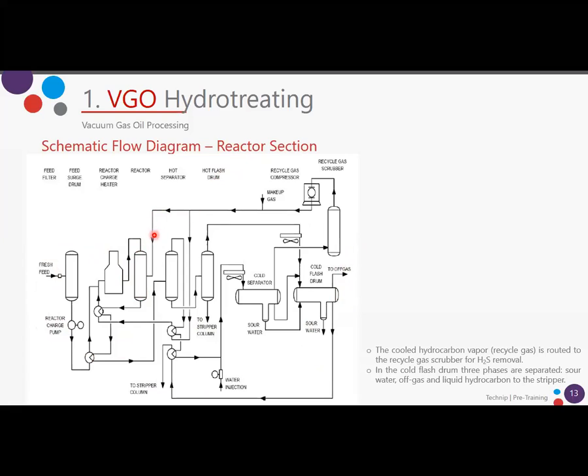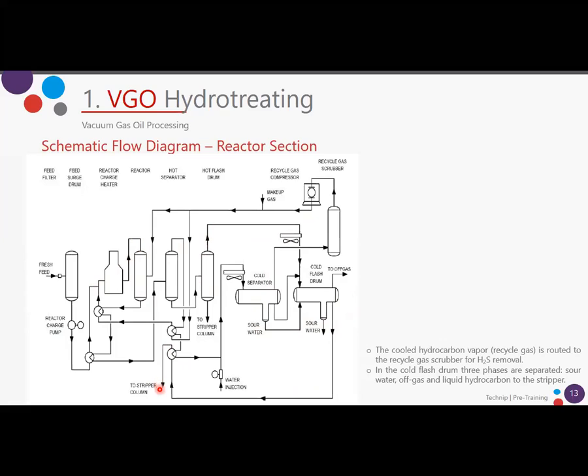Here you have the quench of the reactor, and here you have the recycle that also will go to the reactor, okay? Because it will mix with the feed here, before this charge heater. And then the process continues to separate the lighter components and the heavier components.